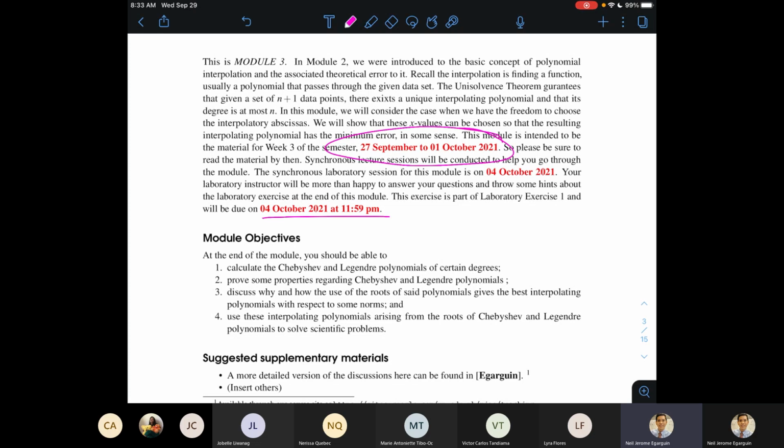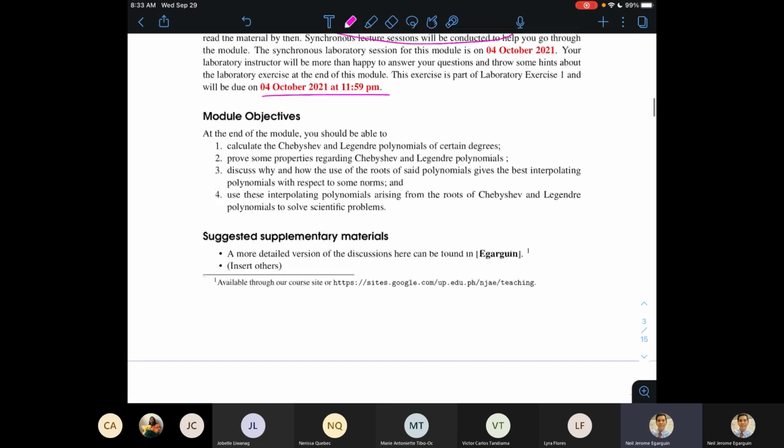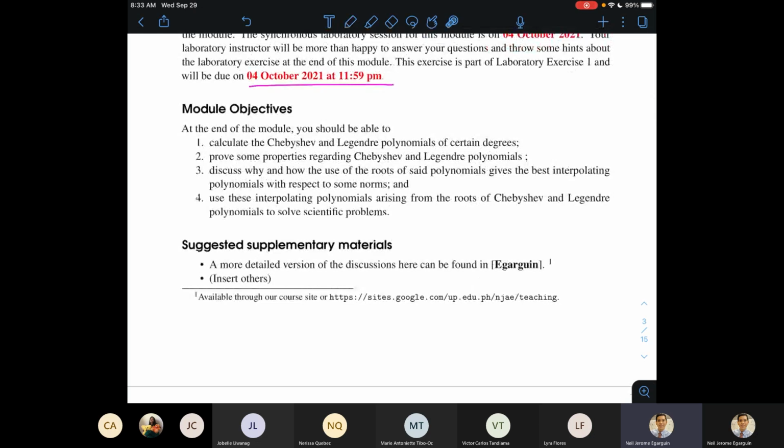So basically, here are our objectives for the week. You should be able to calculate the Chebyshev and the Legendre polynomials of certain degrees. And then number 2, probably this is more for the problem set, to prove some properties regarding Chebyshev and Legendre polynomials. Legendre or Legendre, so nag-shift ako minsan dun sa dalawang pronunciation.